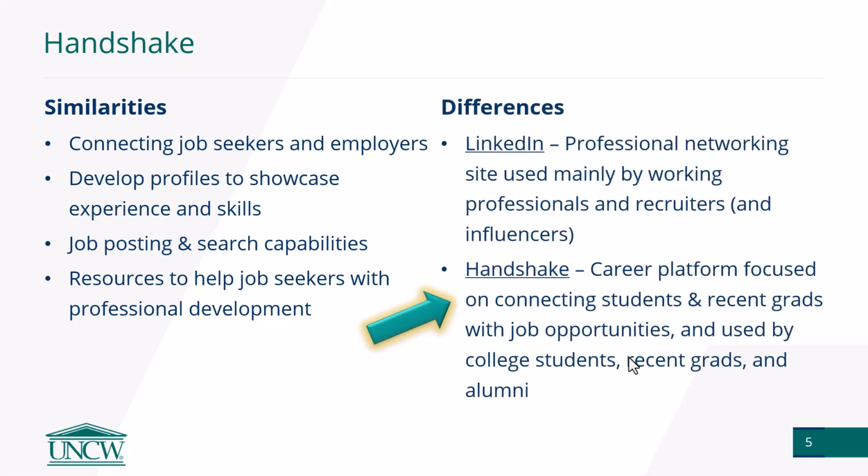The differences are primarily around the audience that both cater to. LinkedIn is a site used by working professionals and recruiters and influencers. I talked a lot about that in the last presentation on the signups. And Handshake is a platform focused on connecting students and recent grads with job opportunities. So it's going to be a much more focused site, which is good in some respects because it perhaps reduces the competition you may have for some of these roles.